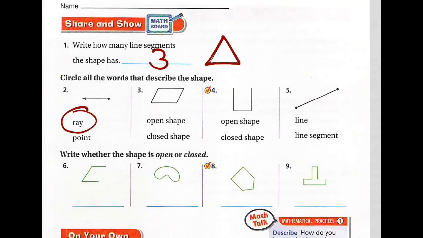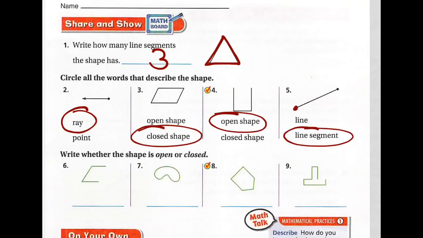For number 3, that would be a closed shape. For number 4, that would be an open shape. And number 5 would be a line segment because it has 2 endpoints. A line would have arrows to show that it's going on forever in both directions.